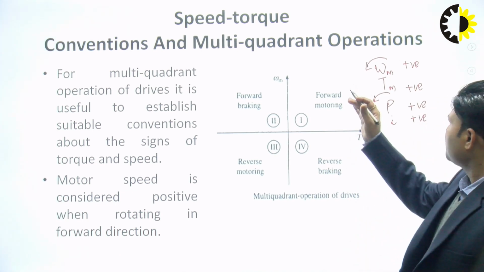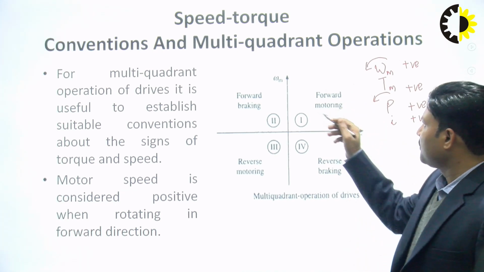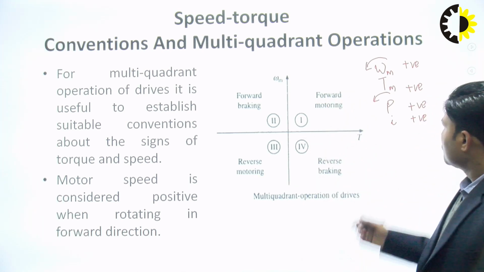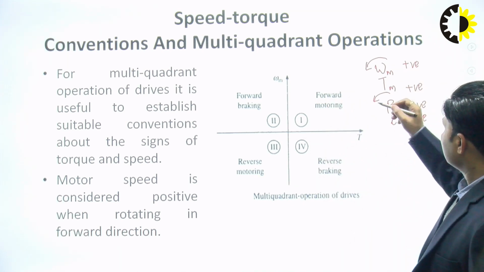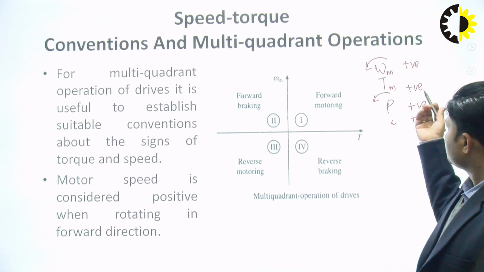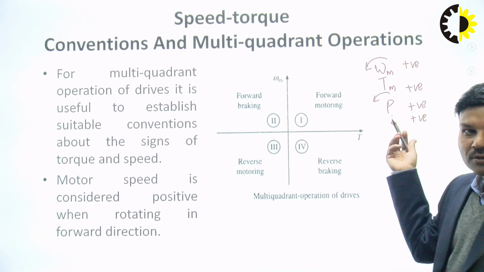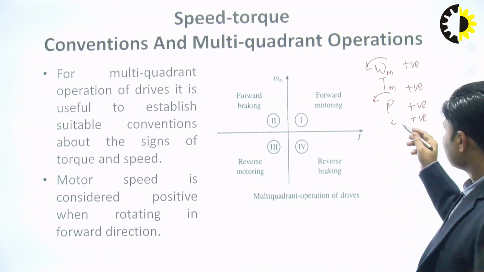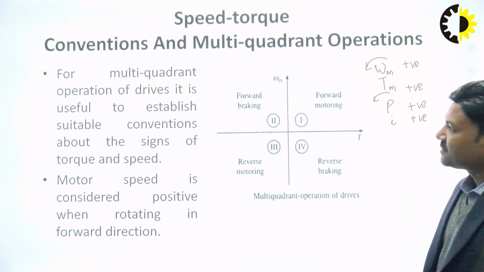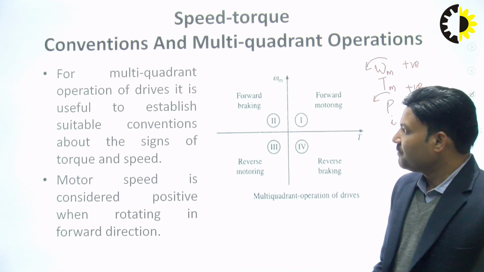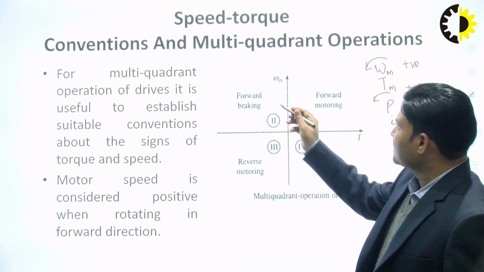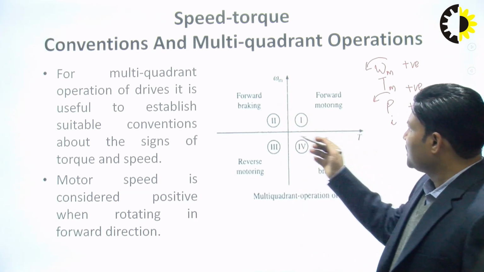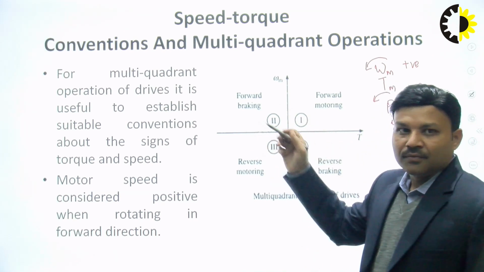So in the first quadrant of operation, the forward motoring mode, the direction of speed and the direction of torque are positive, as well as power, and the direction of current is also positive. But if we move towards the second quadrant, we can see torque is getting negative.